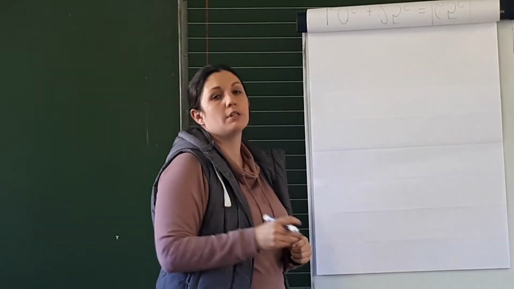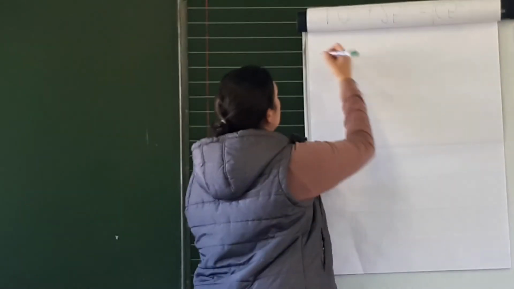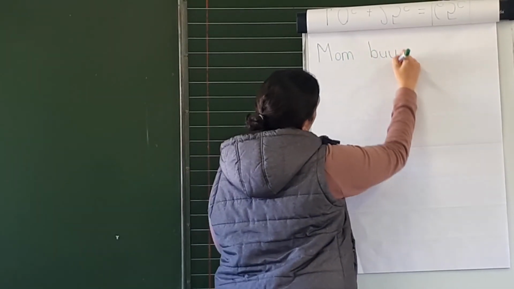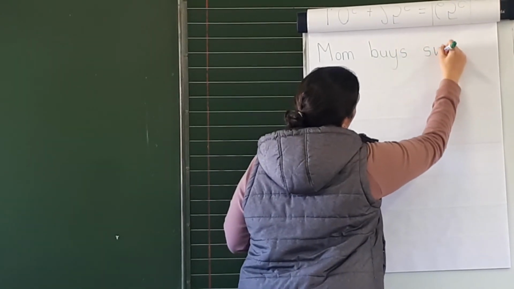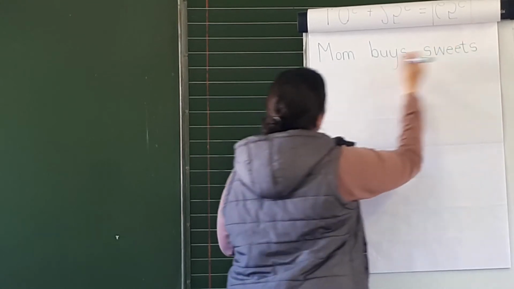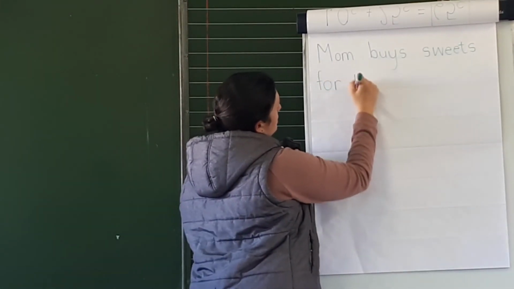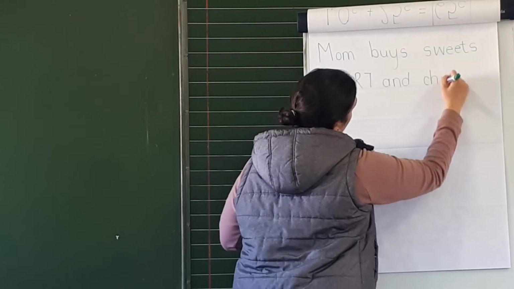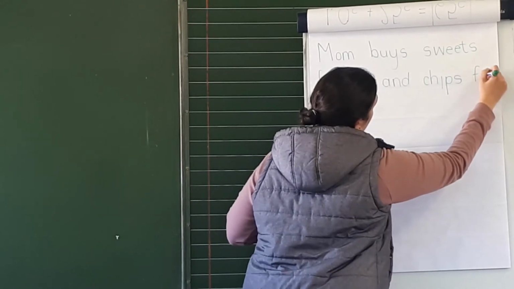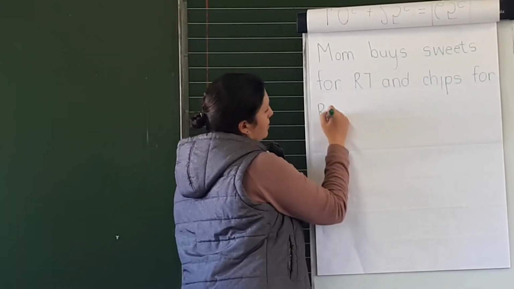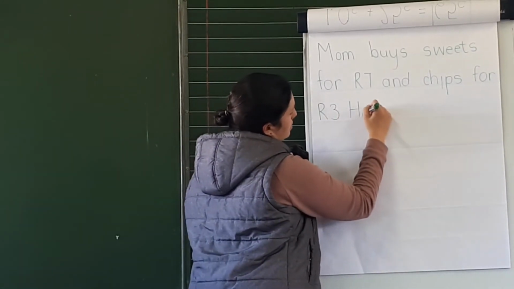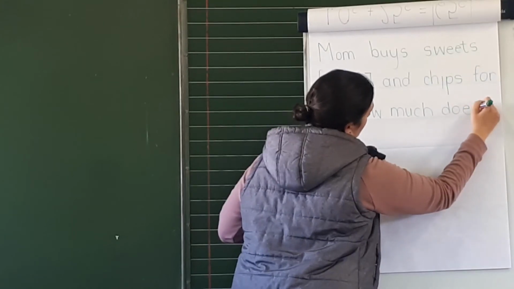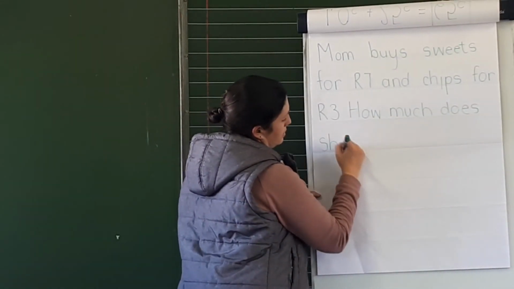So if my problem solving sum says that mom buys sweets for 7 rand and chips for R3, how much does she spend?